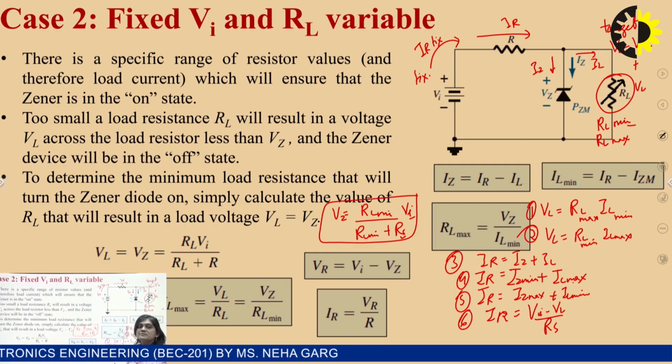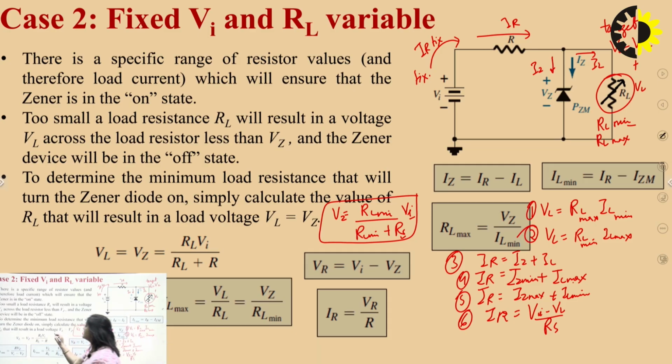So we have to keep the minimum value of RL so that V must be equal to VZ, because we know if V is equal to or greater than VZ, then VL equals VZ. And our target is that VL must be equal to VZ. To fulfill this target, the voltage across the zener, that is V, must be equal to or greater than VZ. So the minimum value of V must be equal to VZ.